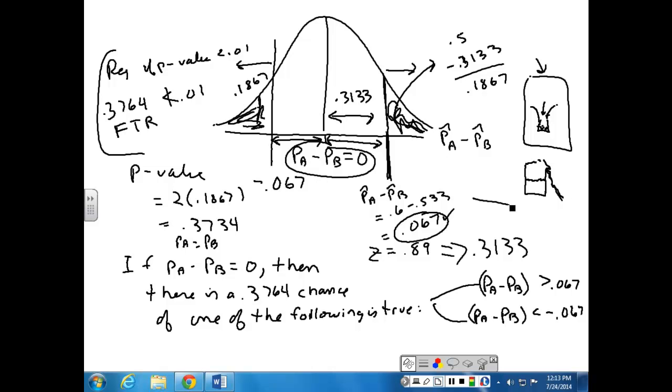So here's my 6 ounces. At some point here, I'm going to expect some random variation. But at some point, there's too much, so I have a p-value over here. And before I look at the machine, I'm not just concerned in one direction or the other, I'm concerned with both.